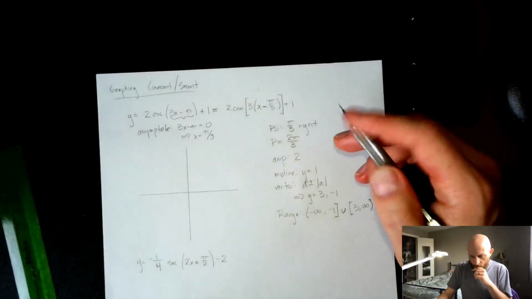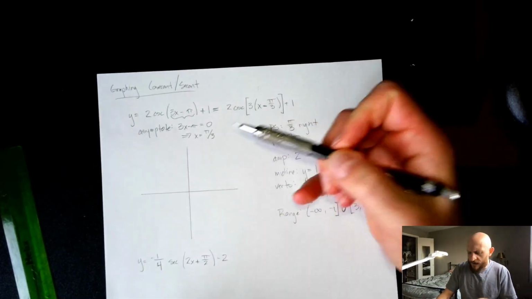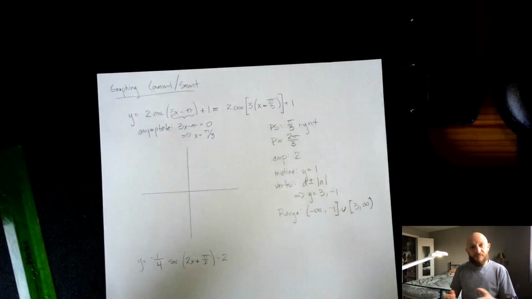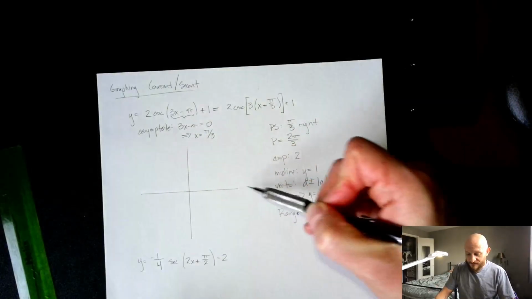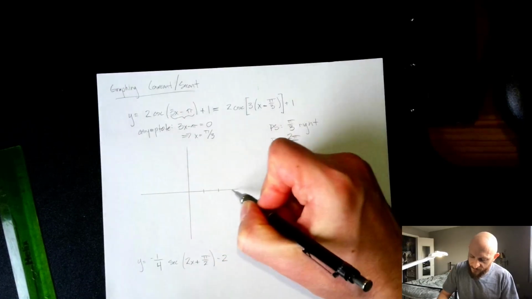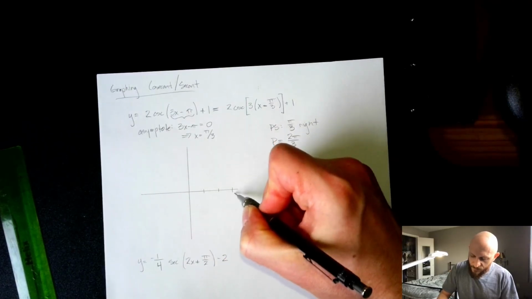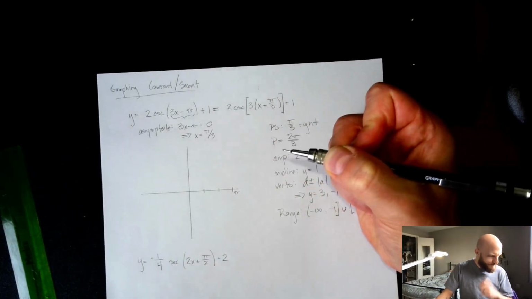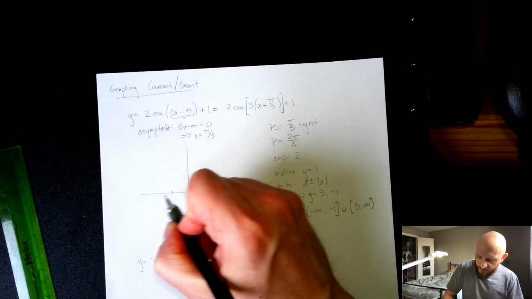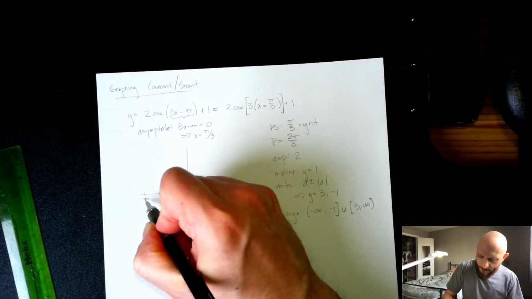I know there is one asymptote at pi over 3. Period is 2 pi over 3, so it makes sense to make my units pi over 3 units. So here's pi over 3, 2 pi over 3, 3 pi over 3, or pi. And going in the other direction too, negative pi over 3, negative 2 pi over 3, negative pi.